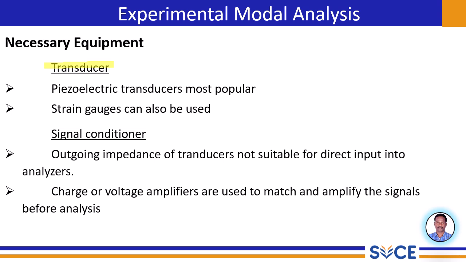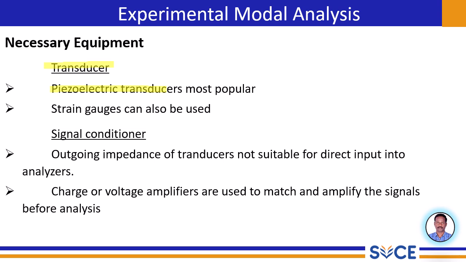Piezoelectric transducers are the most popular for vibration measurements in modal testing. Piezoelectric materials have a unique property. When they are mechanically stressed or deformed, they generate an electrical charge or voltage proportional to that stress or deformation.